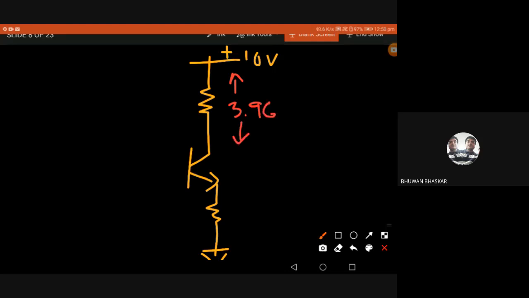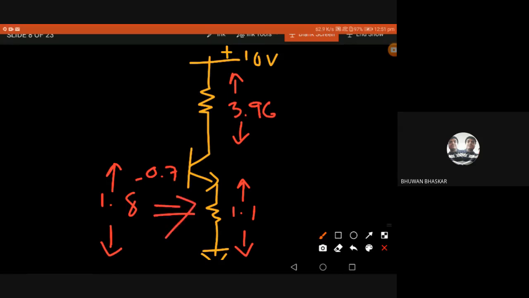And this voltage drop we already found, 1.1, right? 1.8 was at V2, and then 0.7 is dropped across the base-emitter, which again gives 1.1 here. Clear? So 1.1 was dropped here, 3.96 was dropped here.